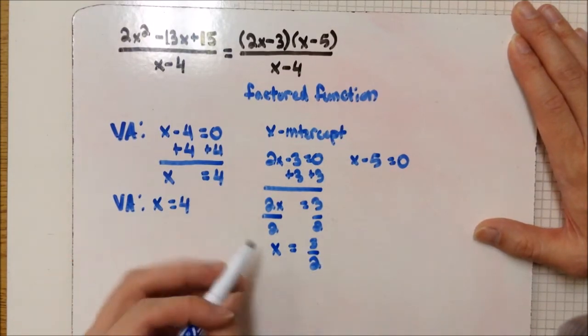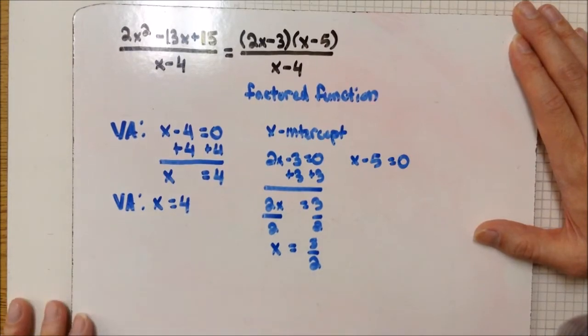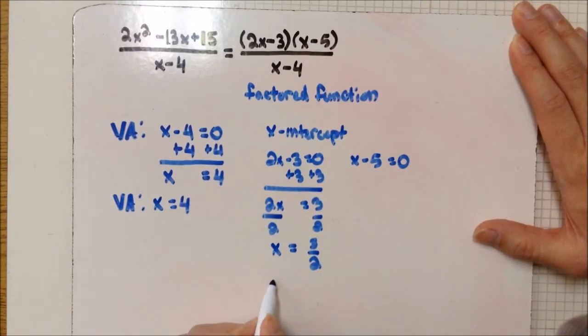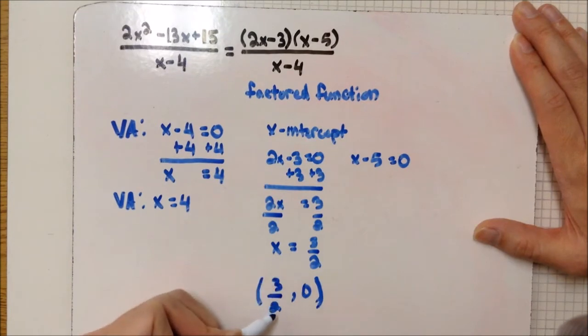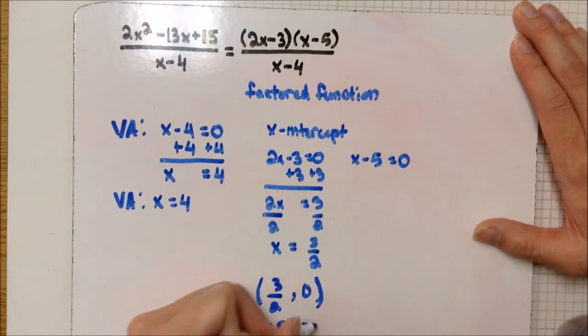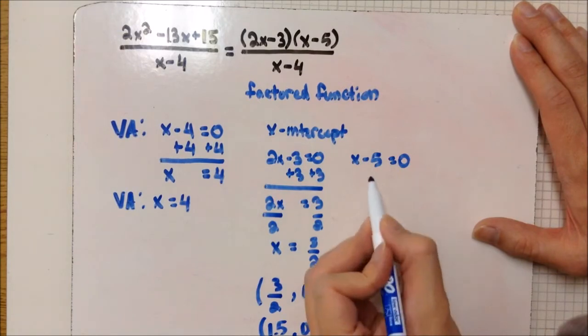So now for this one, our x-intercept is 3/2, 0. But when it comes to graphing, we need a decimal. So 3/2, that's fairly simple. So it's just basically 1.5, 0. So that's our first x-intercept. Now here's our second one.